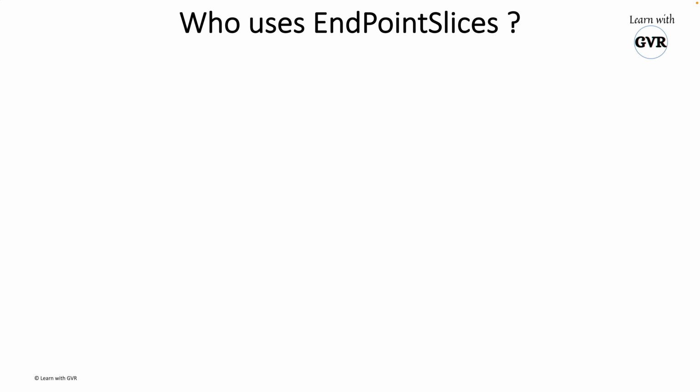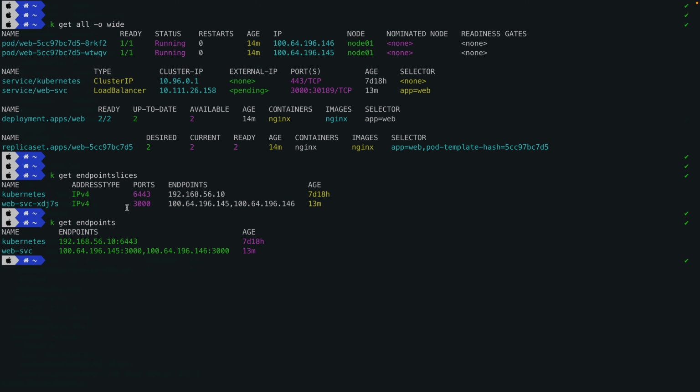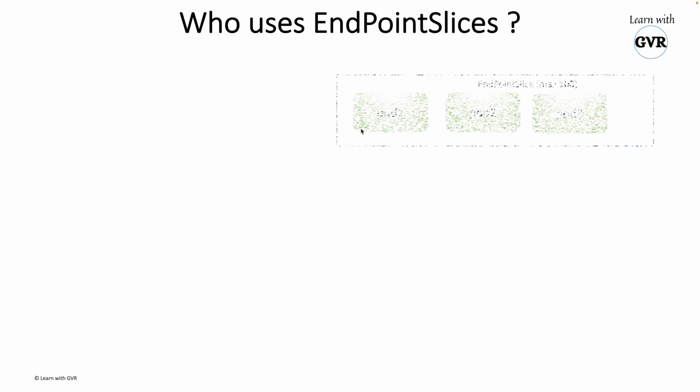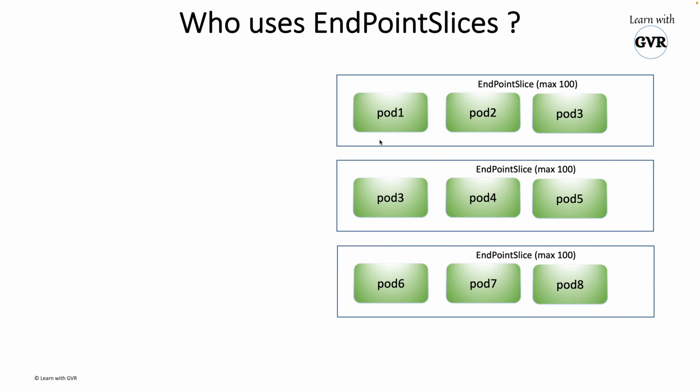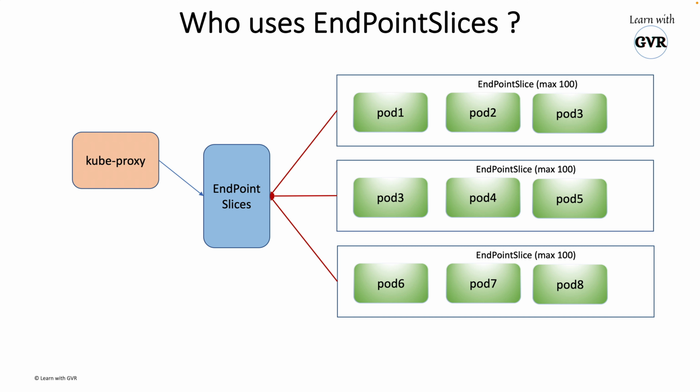Now endpoints and endpoint slices, this is quite good, but who uses these endpoint slices? These are the endpoint slices we created in the previous slide. Under the hood, the endpoint slices object is pointing to each endpoint. In Kubernetes, who takes care of the traffic? One is kube-proxy. Kube-proxy resides in every Kubernetes node, including the master node.